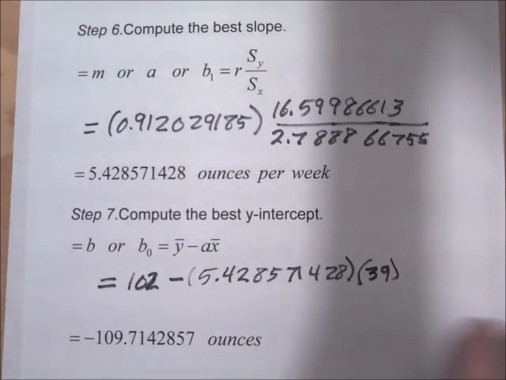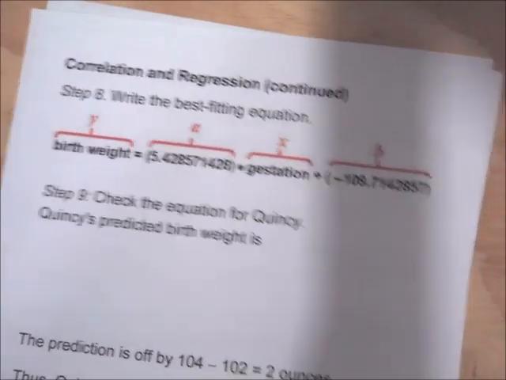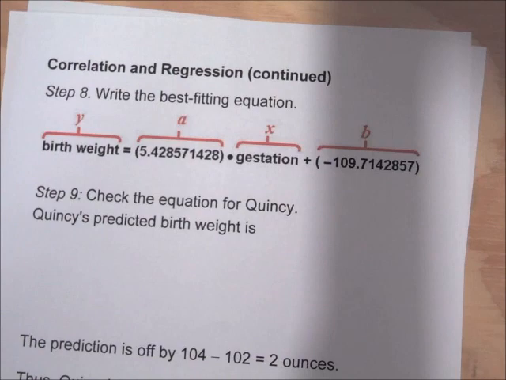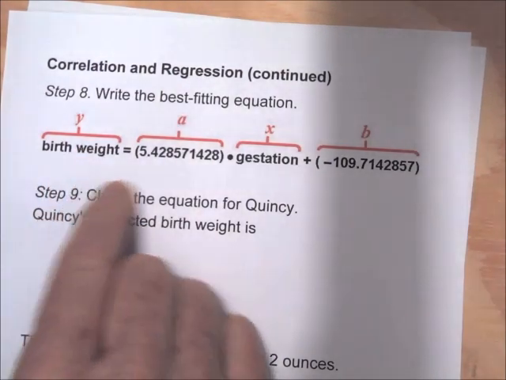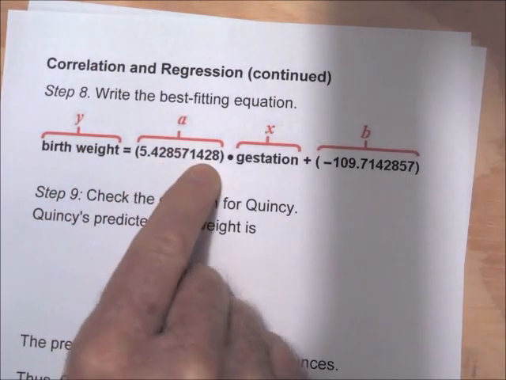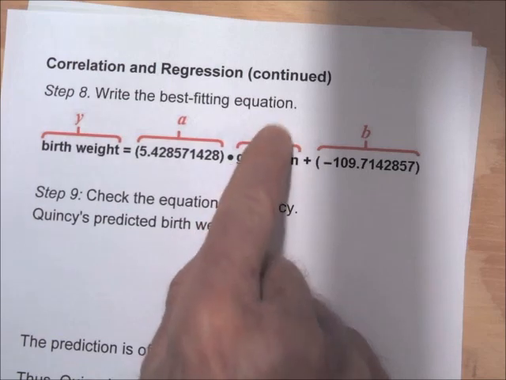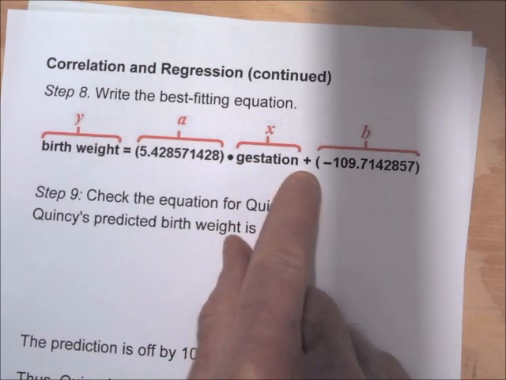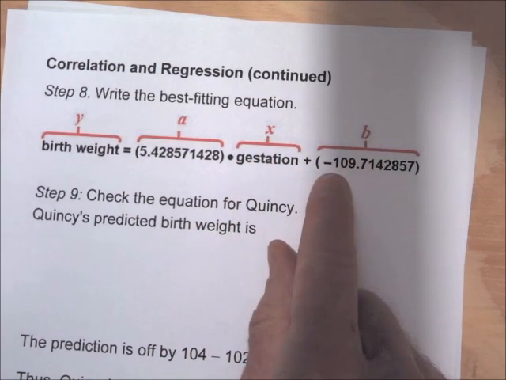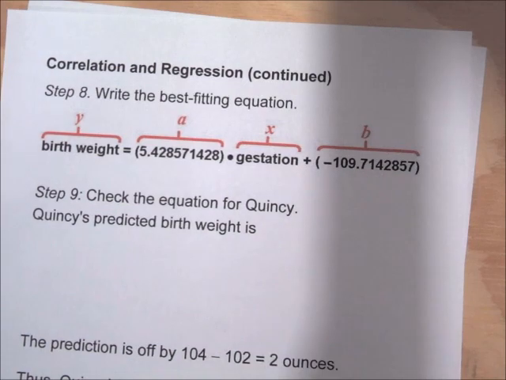Okay, so then we can put those together for the equation. Y equals ax plus b. So the y variable is birth weight, slope 5.42 something, times the x variable, which is gestation, plus the y-intercept, negative 109.7 something.